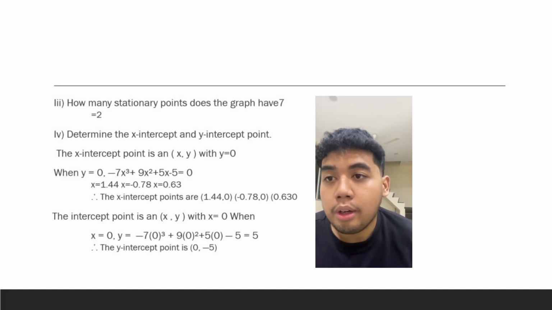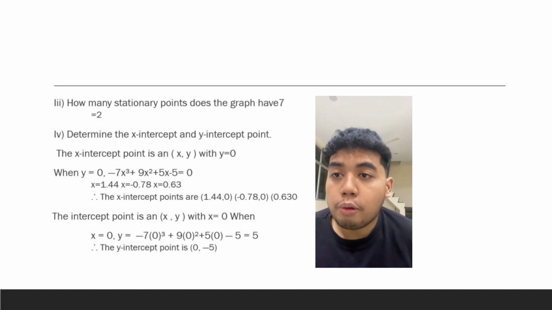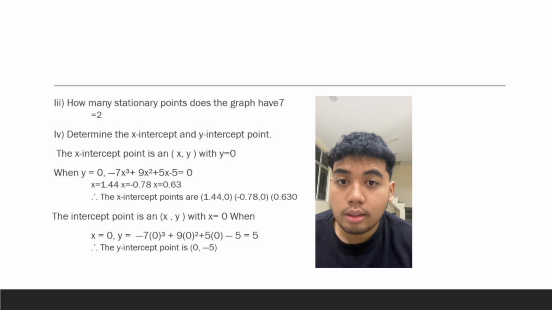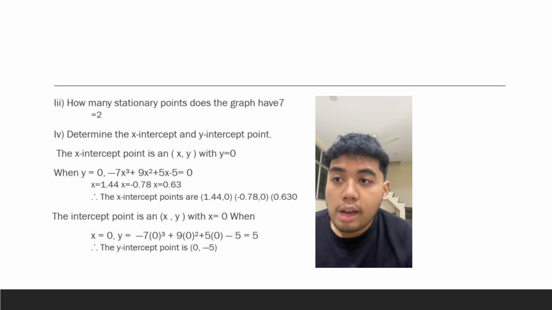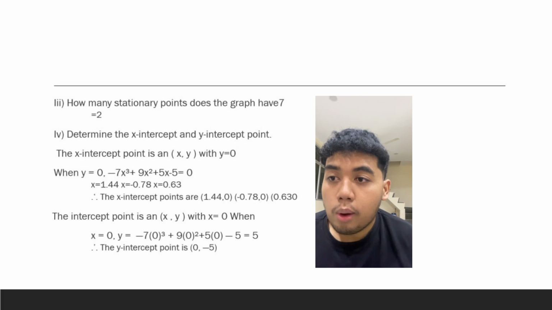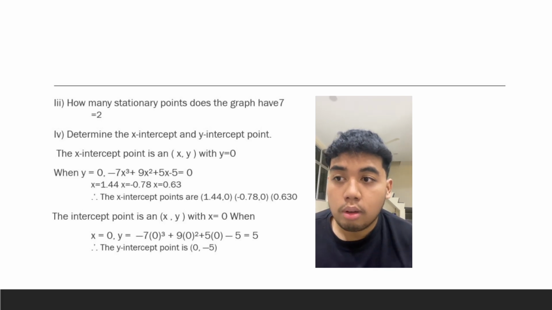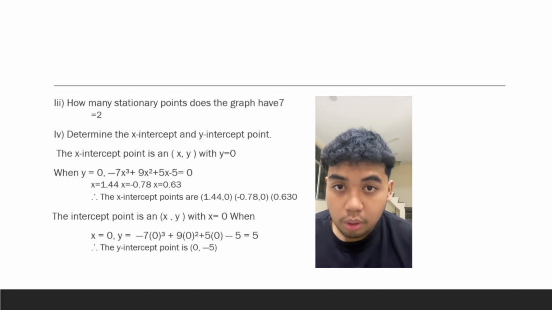The intercept points are 1.44, 0; negative 0.78, 0; and 0.63, 0. The y-intercept point is an x, y with x equals to 0. When x equals to 0, y equals negative 7 times 0 power of 3 plus 9 times 0 power of 2 plus 5 times 0 minus 5 equals to negative 5. The y-intercept point is 0, negative 5.